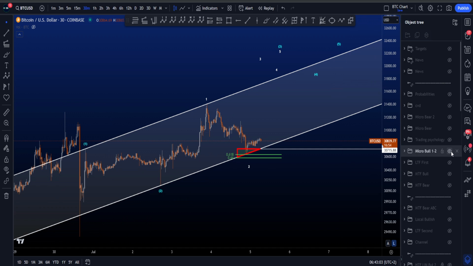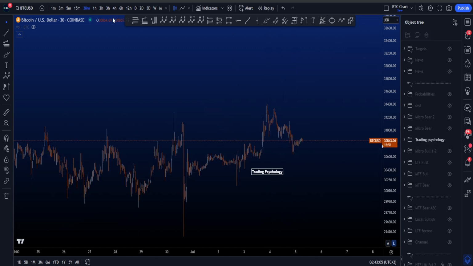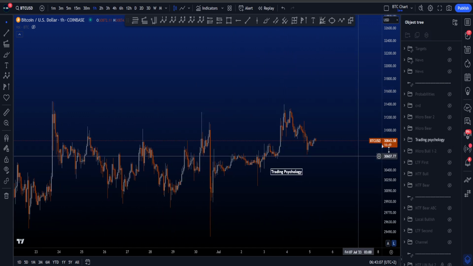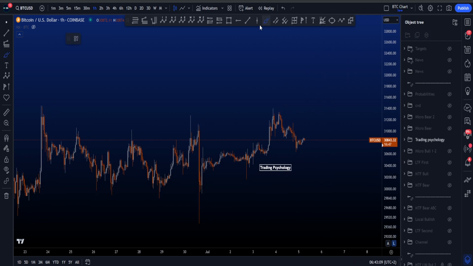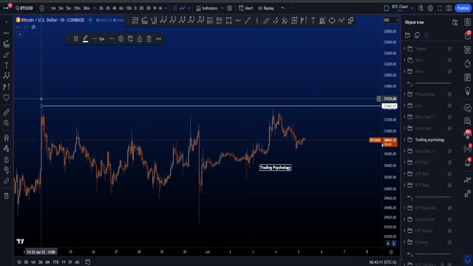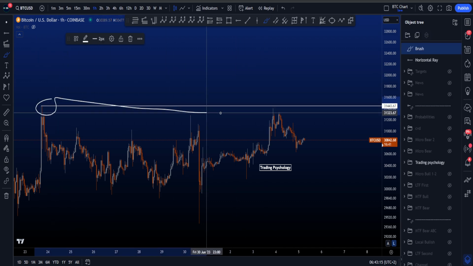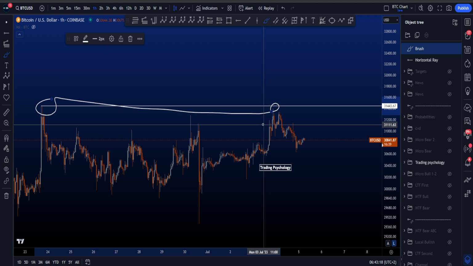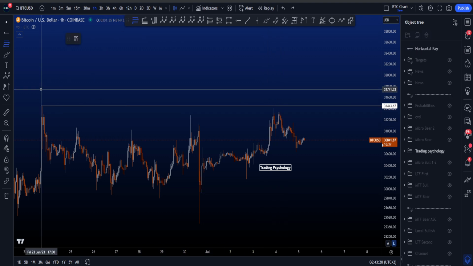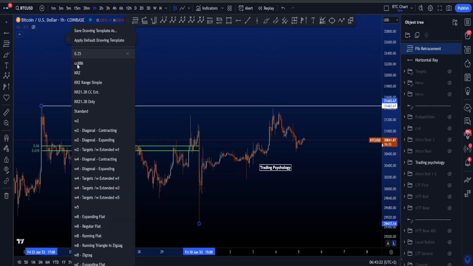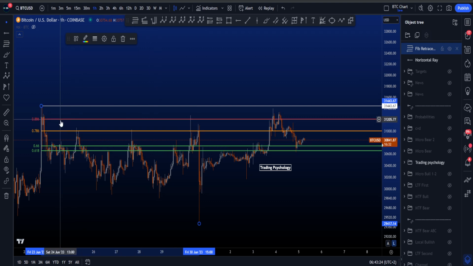If we then go towards trading psychology, one of my favorite things to talk about, I actually want to talk about something here. So we have a double top at 31.4K. We have high number 1 and we have high number 2. Now over here we also have the 886, where price has ranged for a while, right?